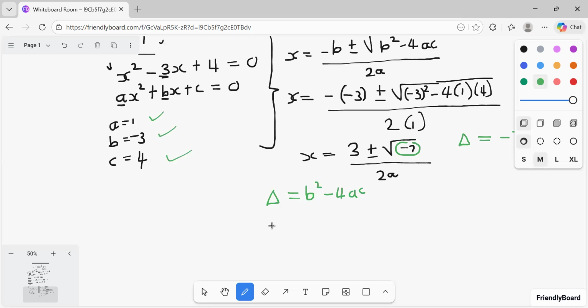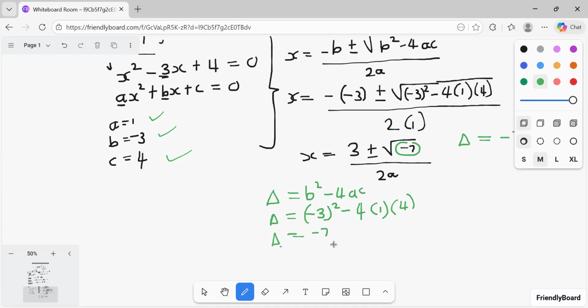So this becomes delta is equal to negative 3 squared minus 4 times 1, because a is 1, then c is 4. So therefore, delta will be equal to negative 7. If you simplify it, you still get negative 7.